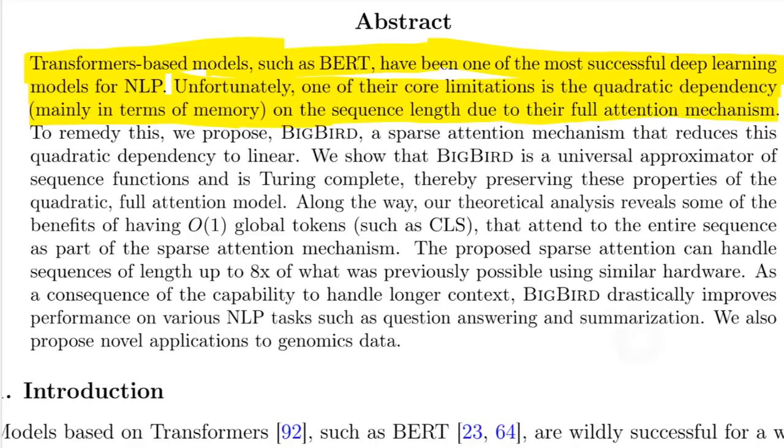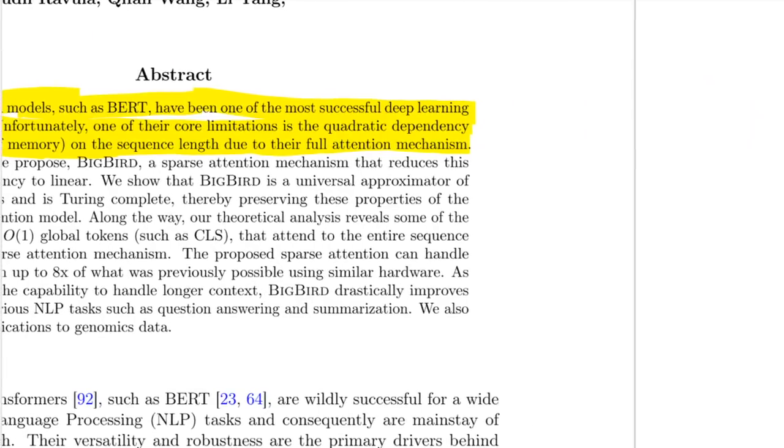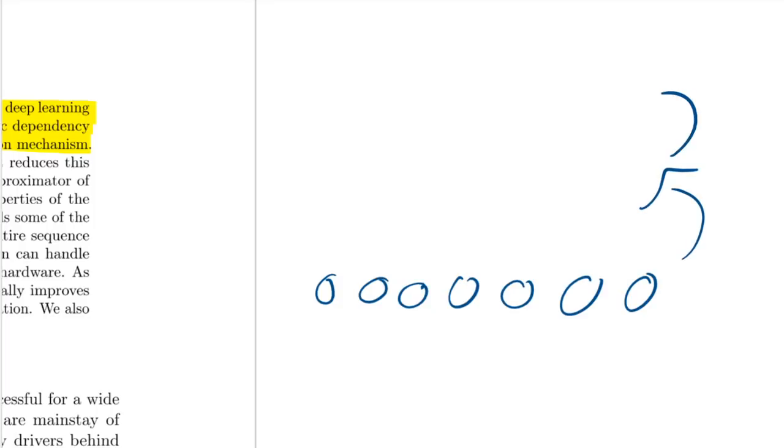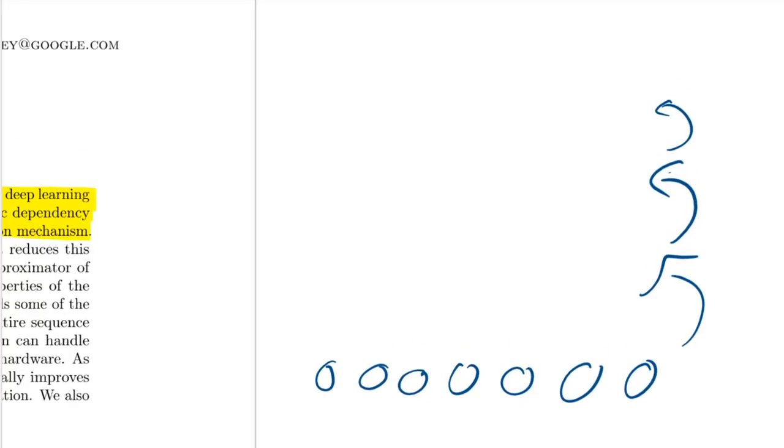So really briefly, the full attention mechanism. I've done numerous videos about the attention mechanism, BERT, and Attention Is All You Need, so if you want a detailed explanation of what that is, just go look up the corresponding videos. But briefly, what you'll have in NLP is a sequence of tokens as an input, and you want to transform them layer after layer into a higher order representation of that same sequence.